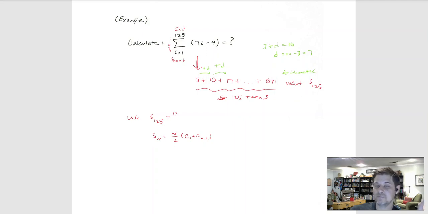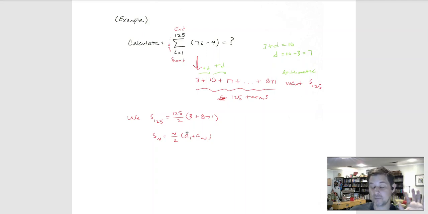So we'll get 125 over 2 times, and then a1 is the first term, and that's 3, plus an is, in this case, term 125, which is 871. All right? And so that will do it. Okay, now I can just calculate this and I'll have my answer at that point.